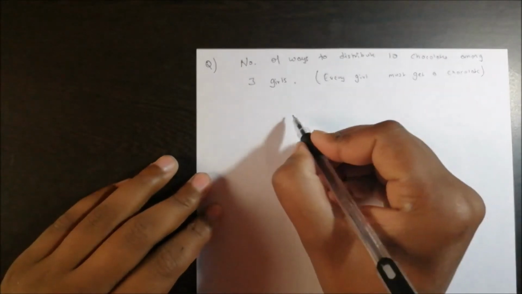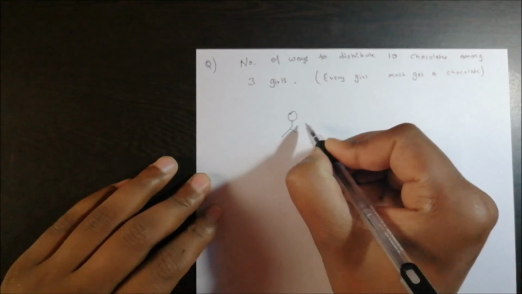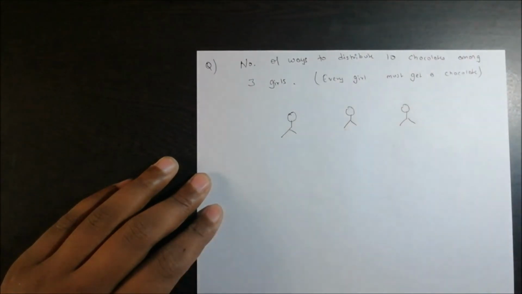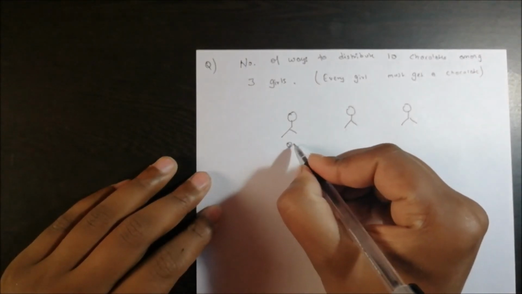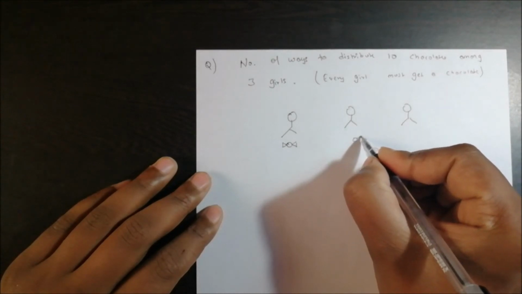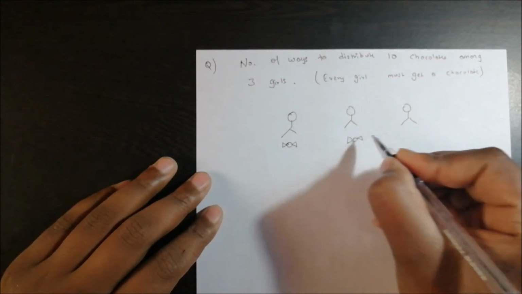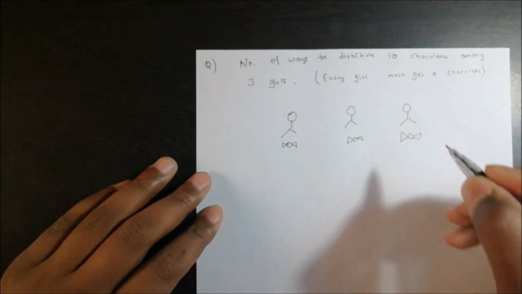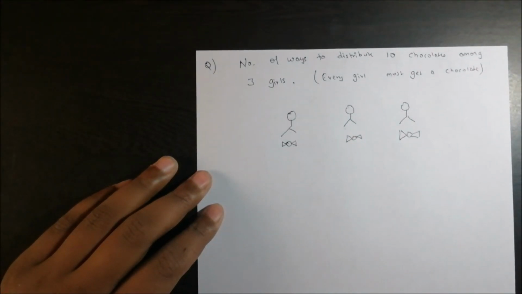So in that case, consider 3 girls and we have 10 chocolates. Every girl must get a chocolate. So out of those 10, initially we just need to give these 3 chocolates to them.